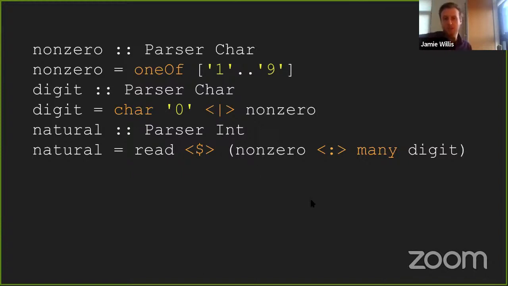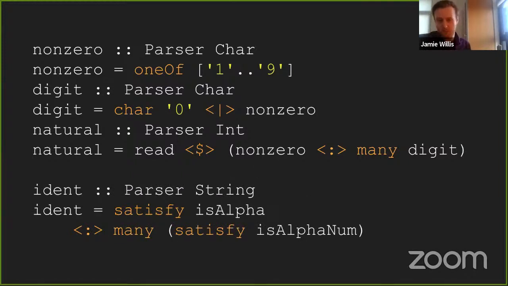Those are the sort of things you can do with parser combinators. Here's another example. We can read identifiers, which are an alphabetical character followed by many alphanumeric characters. The satisfy combinator allows us to read a character that matches some predicate that we give it. In this case, is it an alphabetical character? Or here, is it an alphanumeric character?